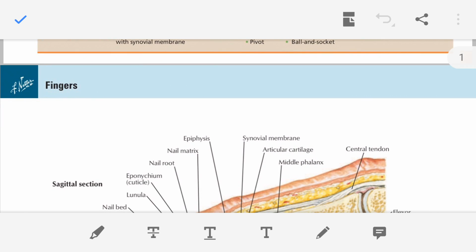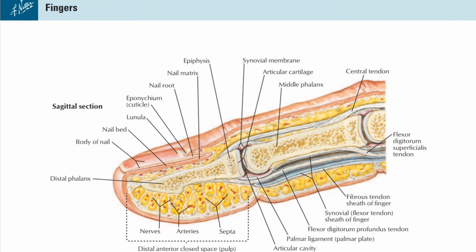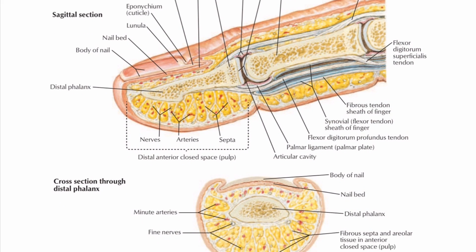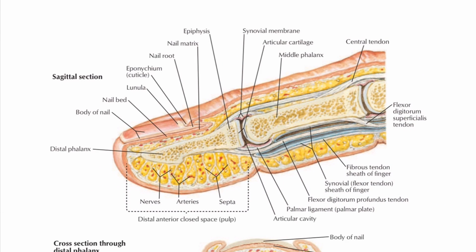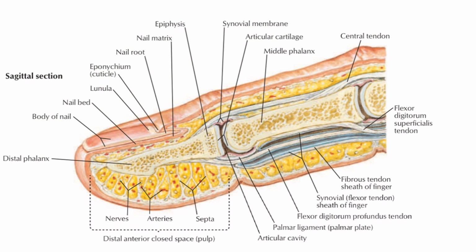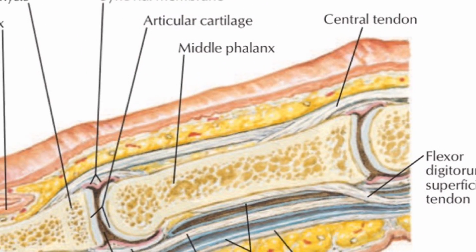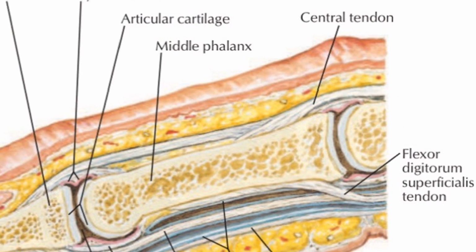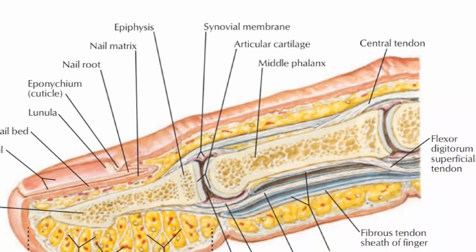Now here I am showing you a few figures. For example, these are the synovial joints of our finger. So the finger of our hand is shown, and in the finger this bone, the middle phalanx, they are showing.